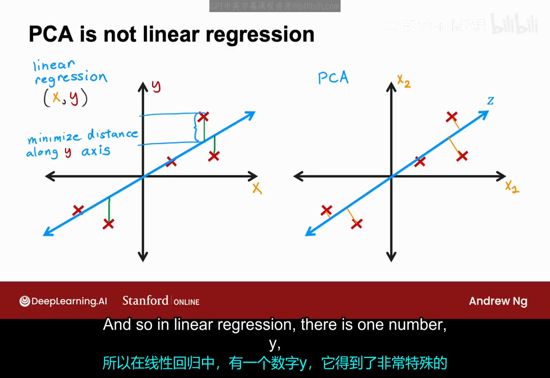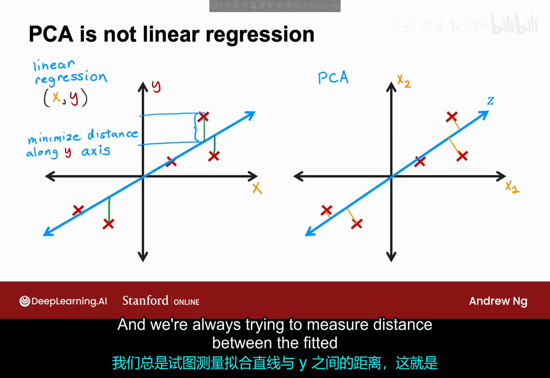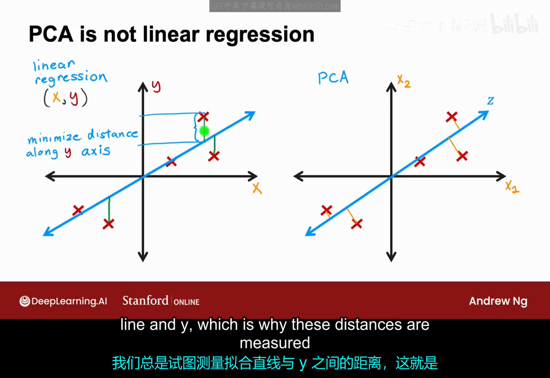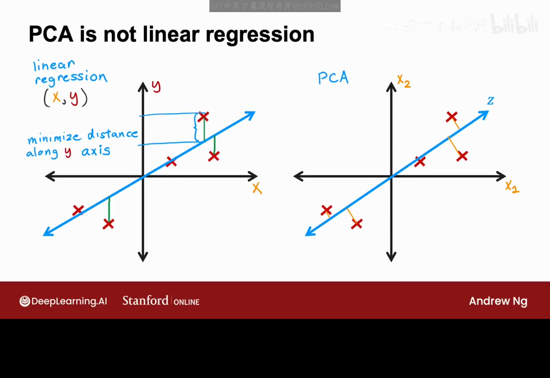And so in linear regression, there is one number, y, which is given very special treatment. And we're always trying to measure distance between the fitted line and y, which is why these distances are measured just in the direction of the y-axis.